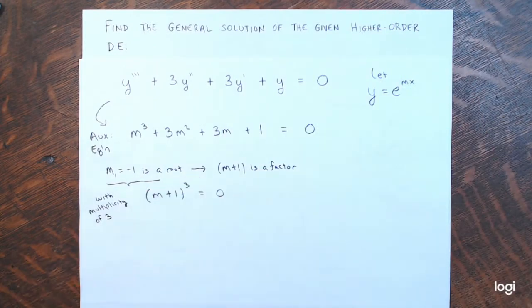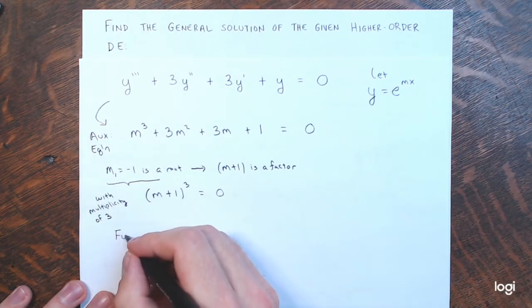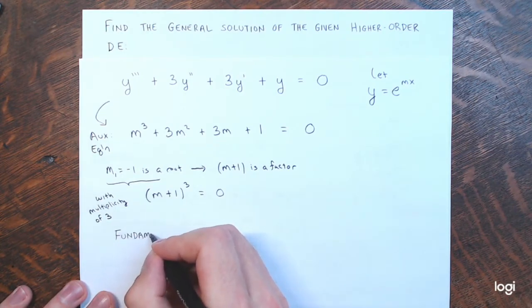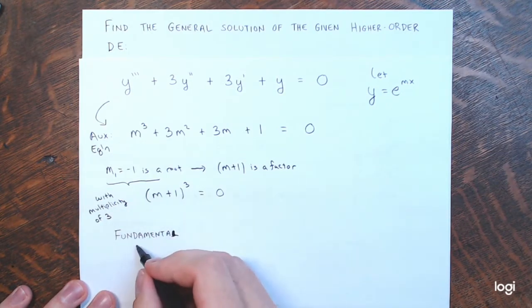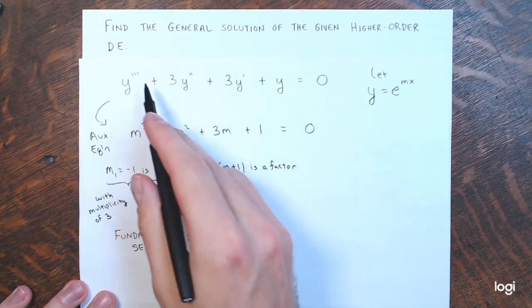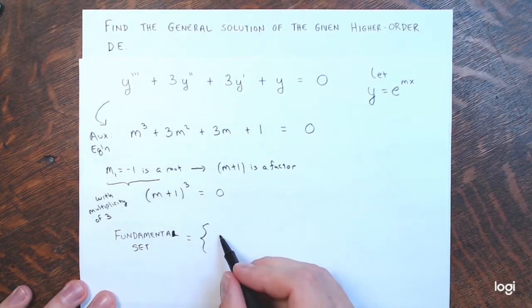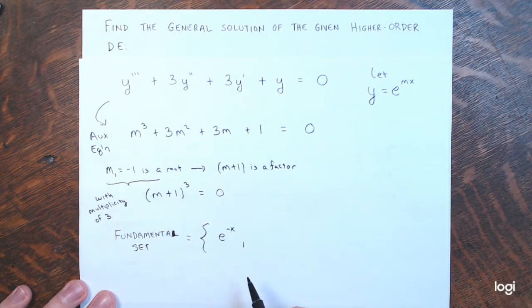All right, and again, I talked about multiplicity. If a particular root of the auxiliary equation has a multiplicity higher than 1, how to create independent solutions in your fundamental set. So I talked about that last time, and I'm just going to do it here. The fundamental set of solutions to this differential equation consists of the following: e to the -x, and then to get independent solutions, you just keep multiplying by the independent variable.